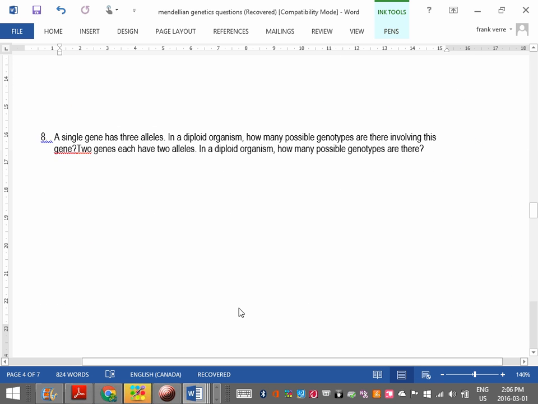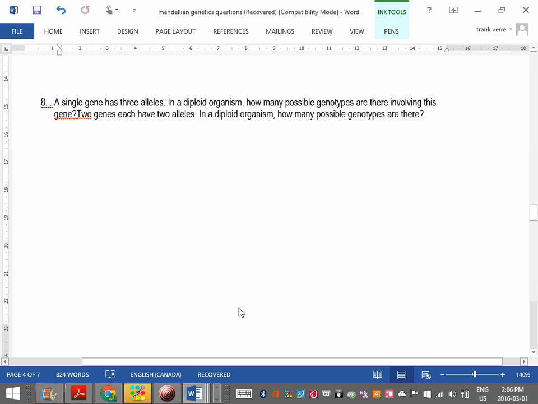Okay. A single gene has 3 alleles. In a diploid organism, how many genotypes are possible? So a single gene has 3 alleles. So that means that the gene, we'll call it gene 1, could be A, B, or C. 2 genes each have 2 alleles. Okay, how many single possible genes? Okay, so I'm going to use 1.